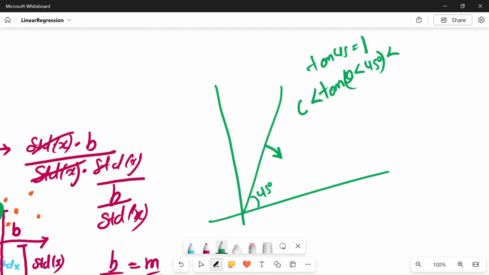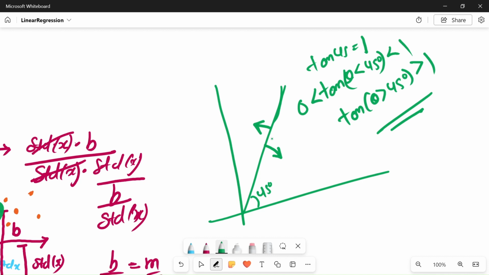So it's greater than 0, but it's less than 1. And any angle which is greater than 45 degrees, so tan of theta for theta greater than 45 degrees, has its value greater than 1, right? So this is actually a very good baseline to start with.